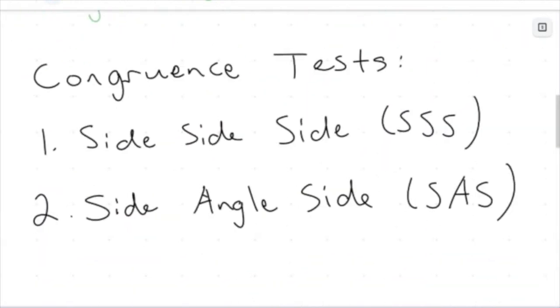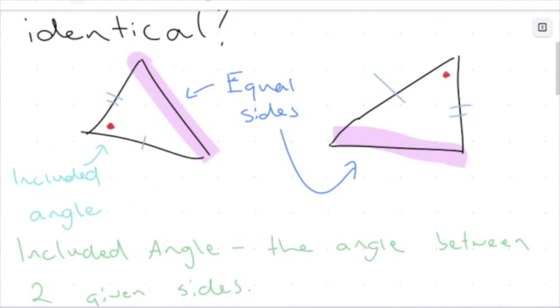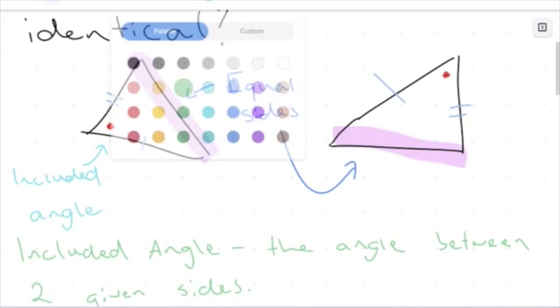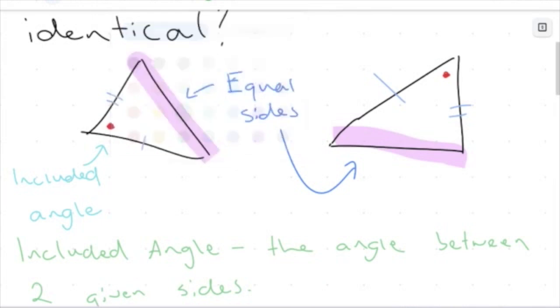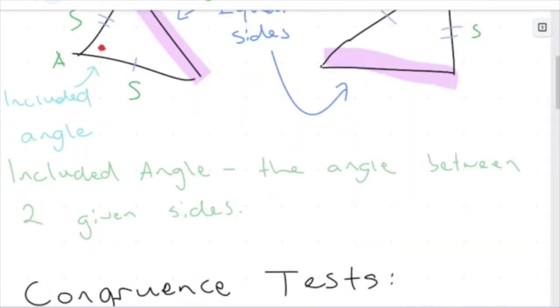That's why side angle side has the angle in the middle. It's written like that so you can remember it. If we read this from one end to the other, we read side angle side. The angle is always going to be in the middle.